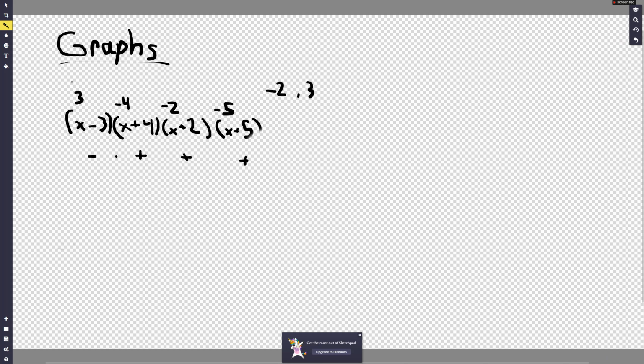If we multiply a negative times a positive times a positive times a positive, it's going to be a negative, because there's no other negative to cancel it out. So we know that the interval between negative 2 and 3 is going to be negative.